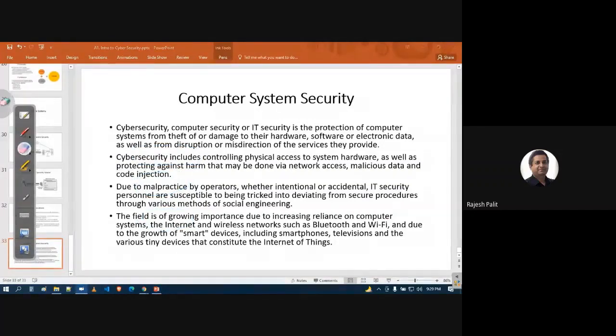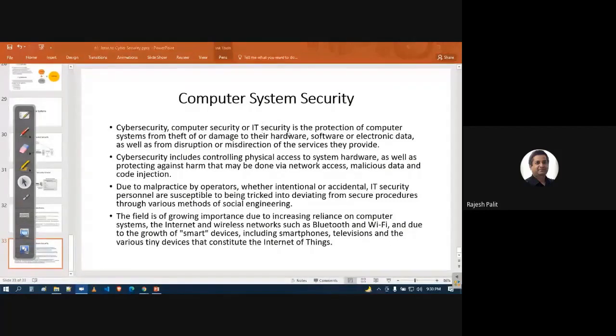Now in the next slide we'll be talking about computer security, but before that, cyber security. That means security in the cyber space, which includes computers and the network.